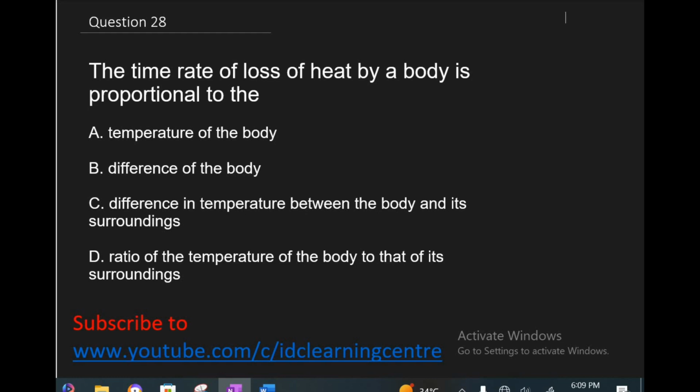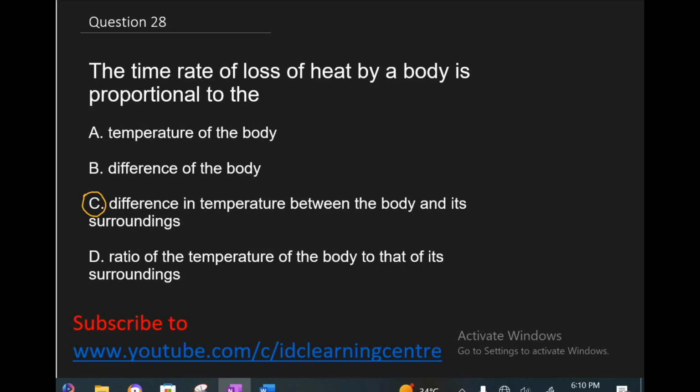So for this question, the correct answer here is option C. The rate of loss of heat by a body is proportional to the difference in temperature between the body and its surrounding. Right? So whether the temperature is high or low is going to determine how the heat is going to be lost or gained or maintained by the body.